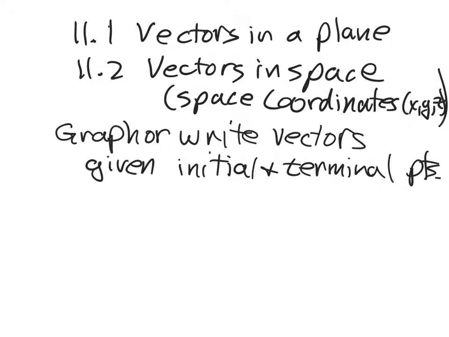Again, either 2-dimension or 3-dimension. Basically, you start with your terminal point and subtract the coordinate from your initial point. And the differences in the x values give you your i component. The delta y is your j component. Delta z is your k component. Of course, by now, this is probably easy stuff for you, or at least should be, maybe.